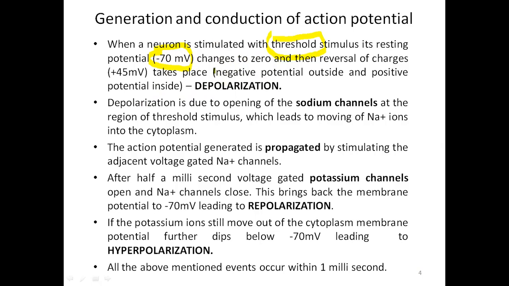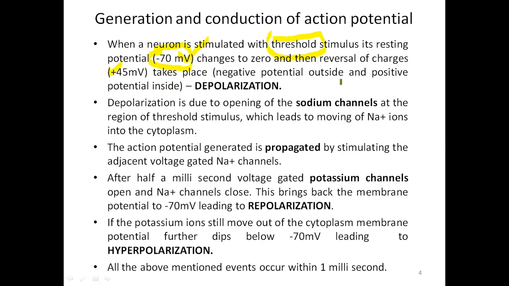Because of the threshold stimulus, the resting potential of the neuron is totally reversed. As I have told before, it is positive outside the membrane and negative inside the neuronal membrane in the polarized state. Now, exactly a reversal of charges took place. That means outside it became negative and inside it became positive.